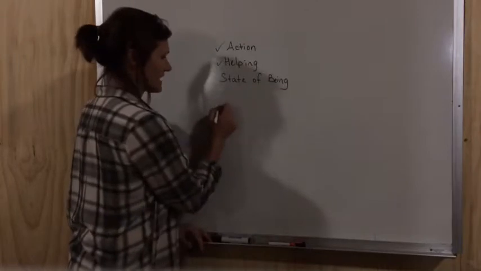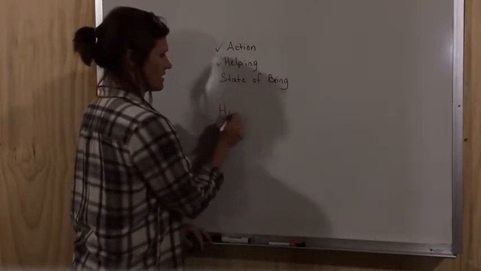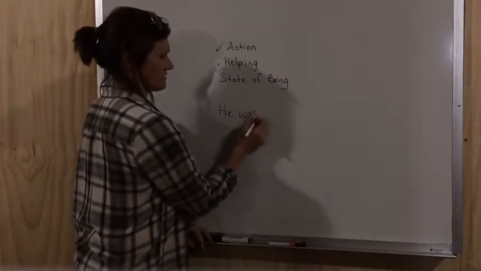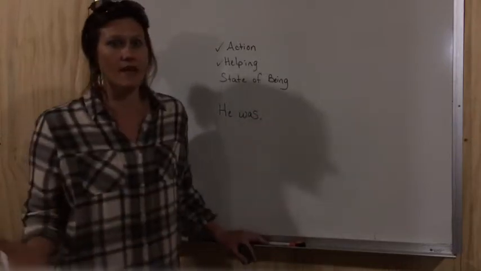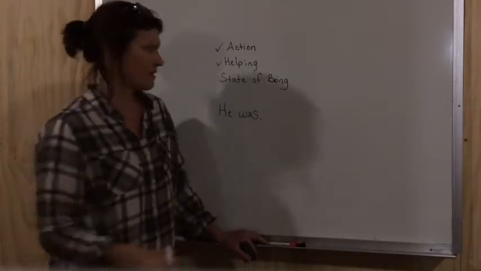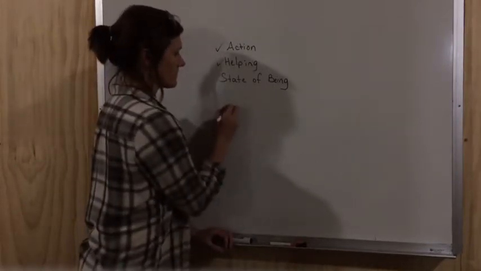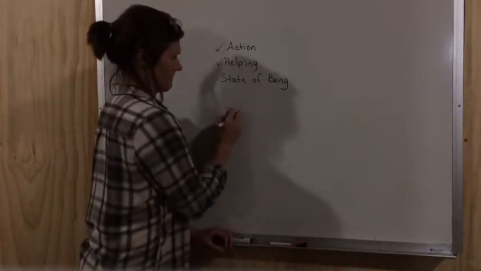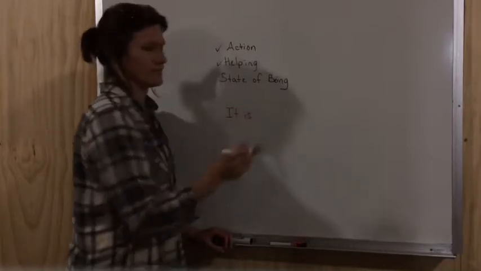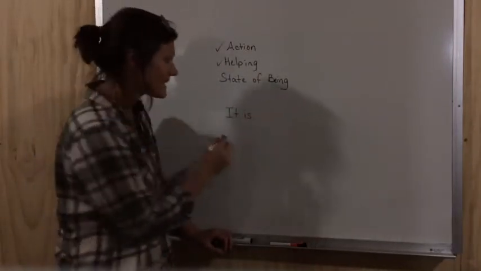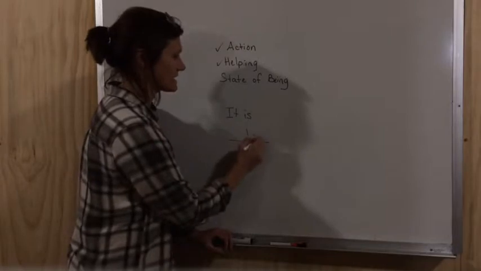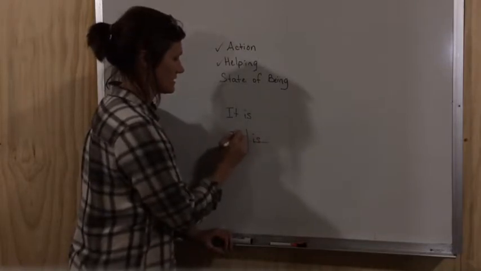Like if I said, he was. Who was going to the bank? He was. Or, it is. This is a tiny little sentence, but it is a sentence. It has a verb and it has a subject.